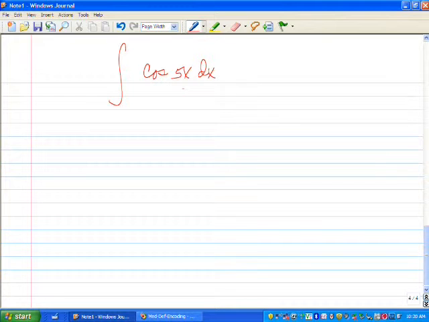But let's just pretend for a moment we didn't know that, and we let u equal 5x. So du dx equals 5, and we get du is equal to 5 dx.